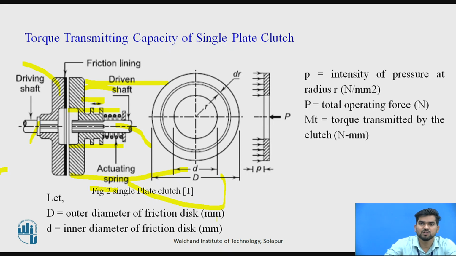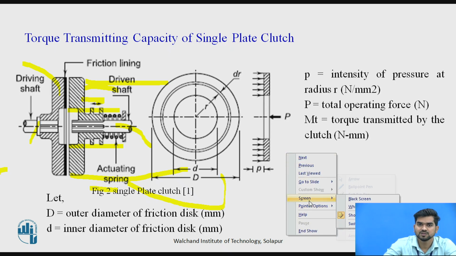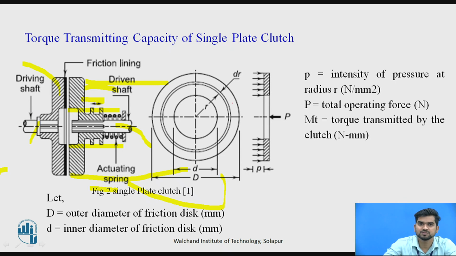Next, small p is the intensity of the pressure at a radius r. Just for finding the torque, we have to consider an element. So this is a plate we have to consider.